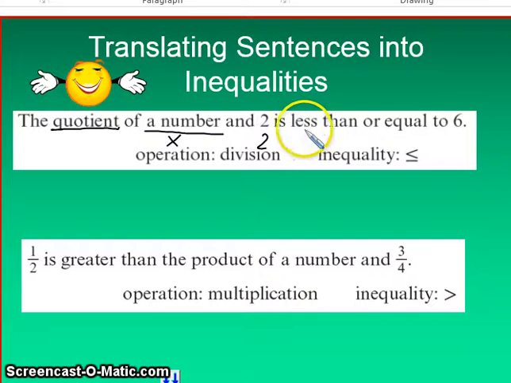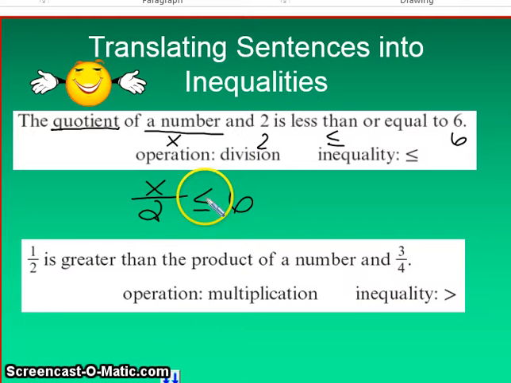So since it says less than or equal to, we have to use our less than or equal to symbol, and then we're going to have to say 6. So the quotient, so dividing a number and 2, is less than or equal to 6, would translate into x divided by 2 is less than or equal to 6. Again, very similar to when we're translating them into equations, however, we're using inequality symbols instead.